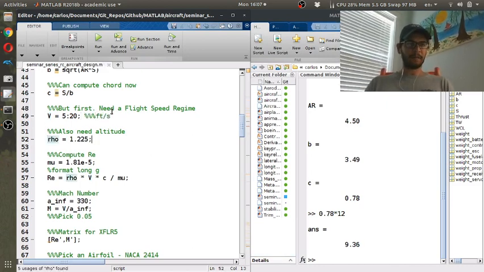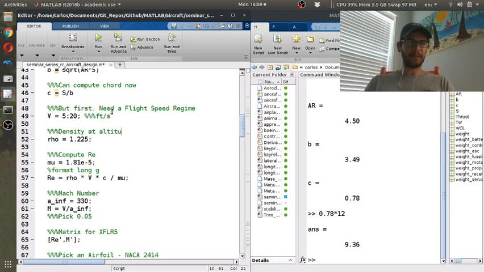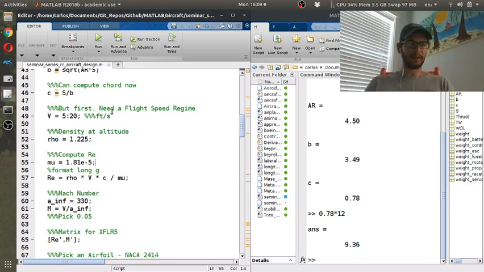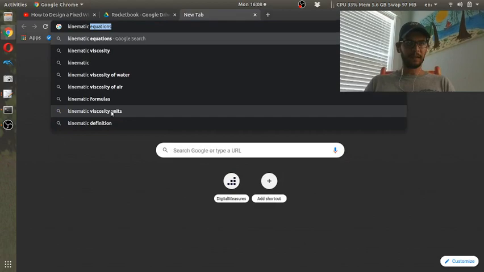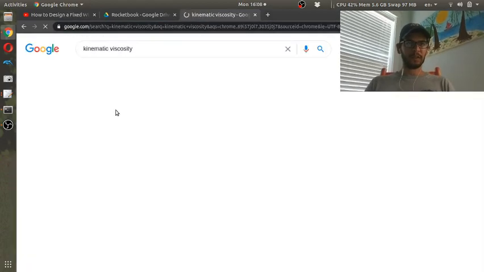I don't need altitude. I need my density at altitude. And I'm assuming I'm flying at sea level because I live close to the beach. Here's mu. I guess you can Google that. What is that? Kinematic viscosity.